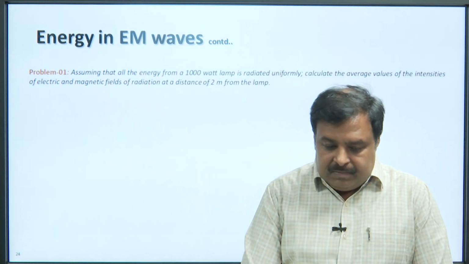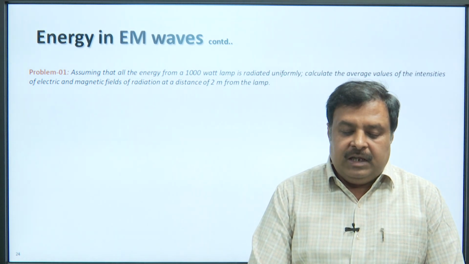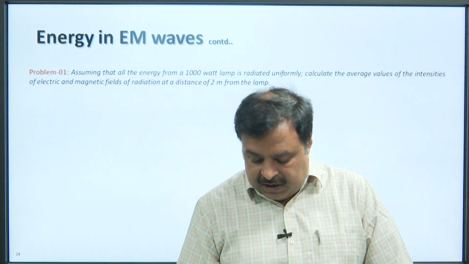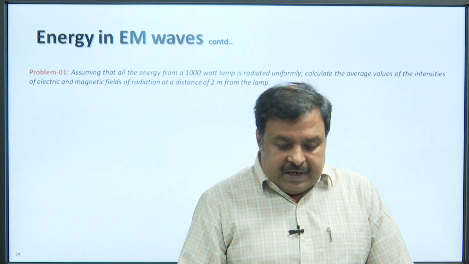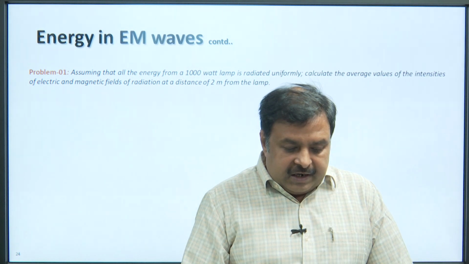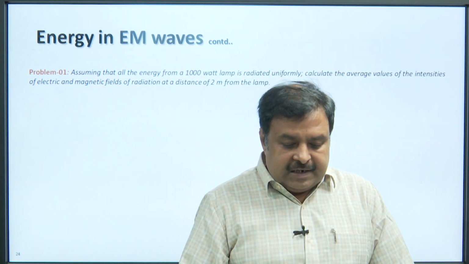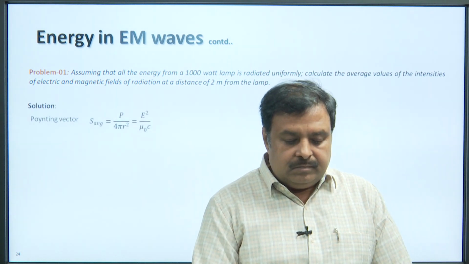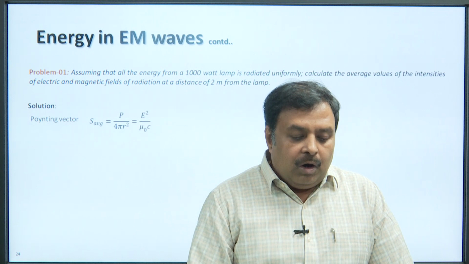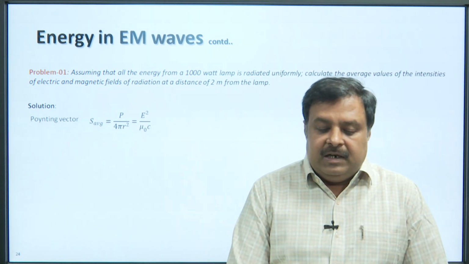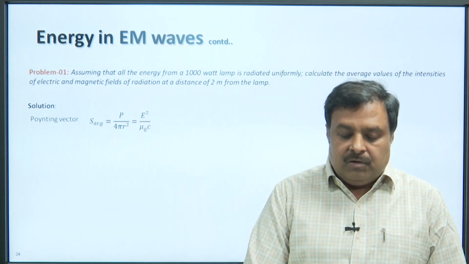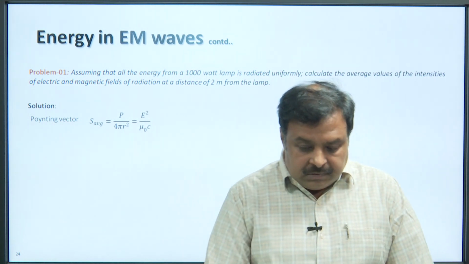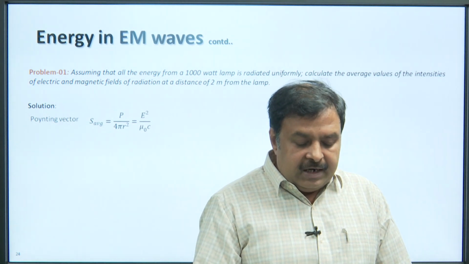So, let us do one problem. Assuming that all the energy from a 1000 watt lamp is radiated uniformly, calculate the average values of intensities of electric and magnetic fields of radiation at a distance of 2 meters from the lamp. Power is given as 1000 watt and distance is 2 meters.